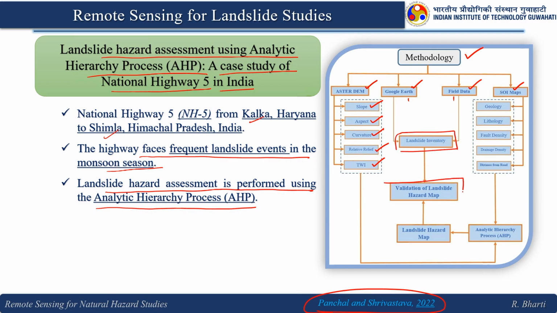Then we have validation of landslide hazard map, and here the soil map will provide you the geology, lithology, fault density, drainage density, distance from road. All these are together used, and then it goes to the AHP, right. So, all of them are going to AHP. Then they have derived the landslide hazard map, and then they have validated it, right.